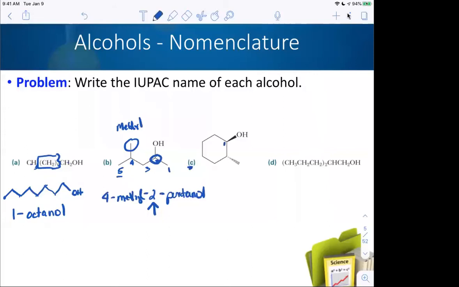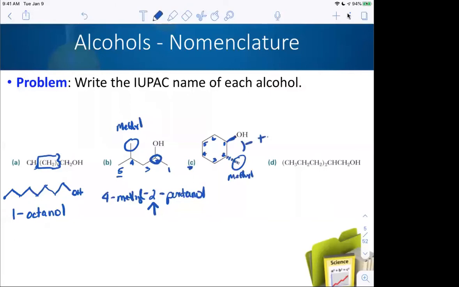The carbon in a cyclic alkanol that bears the OH is carbon number 1, and I'm going to number to give the next encountered substituent the lowest number, so I'm going to go down and around instead of up and around. So these groups are trans to one another. This is a methyl.